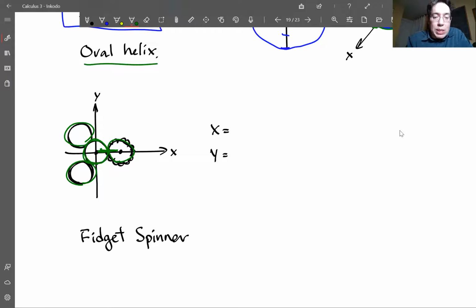So what's happening to this fidget spinner? I usually flick it to go clockwise. That's what I naturally do with my left hand. So let's make it go that way.